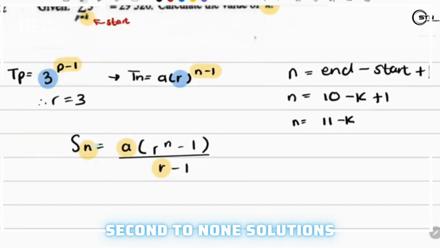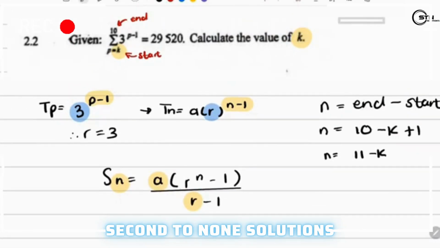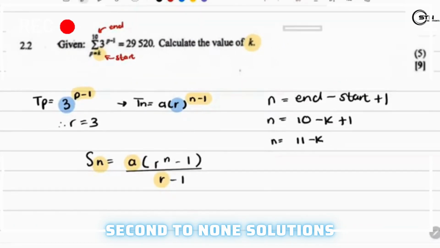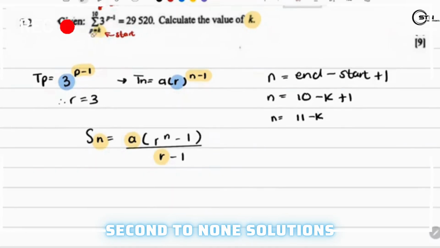So we have n. Do we have a? Not yet. Well, we have to find a. Remember, a is your first term. It doesn't mean you substitute 1 in place of your variable in your term formula. Okay, you don't substitute 1 in this case. What you're going to do is this. Because they say p is equal to k, they didn't even tell you where you start at. We need to find out that.